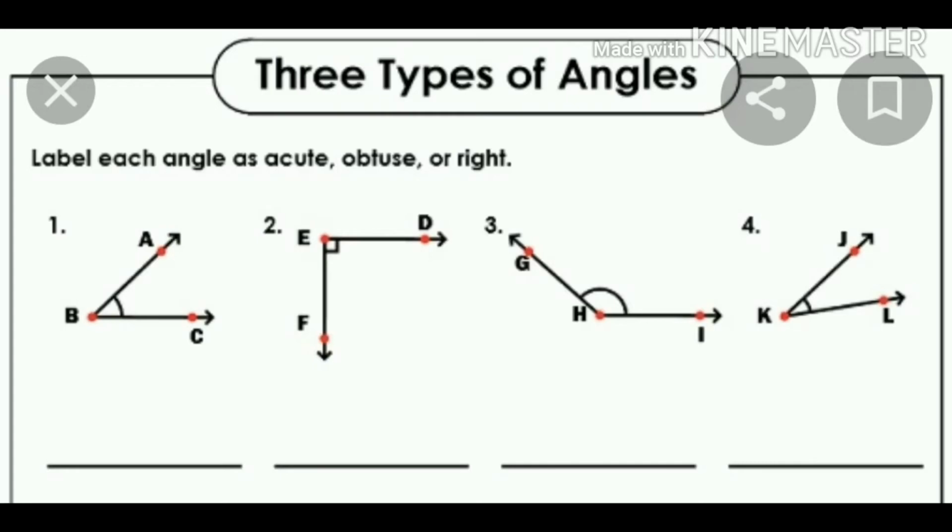In the second figure, it is a square angle, so it is a right angle. In the third figure, the angle bends toward the left side, so it is an obtuse angle. In the fourth figure, the angle bends toward the right side, so it is an acute angle.